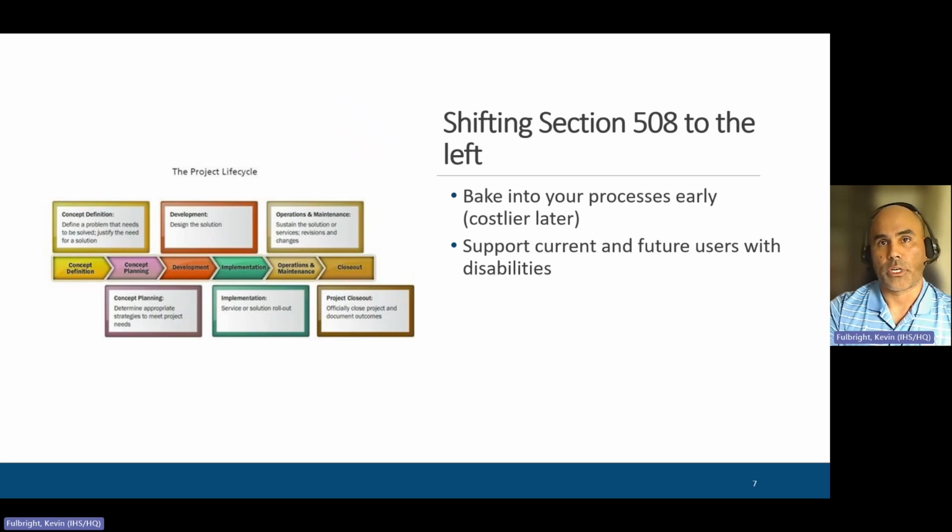This is when you want to get Section 508 in your contracting documents so that when you put out your RFIs, your request for information, in your statement of work, in your performance work statement, are all of the Section 508 clauses according to acquisition regulations, so that nothing can be blurred or confused by vendors, so that they know that the solution they're proposing to the government is mandated by law to be Section 508 compliant.